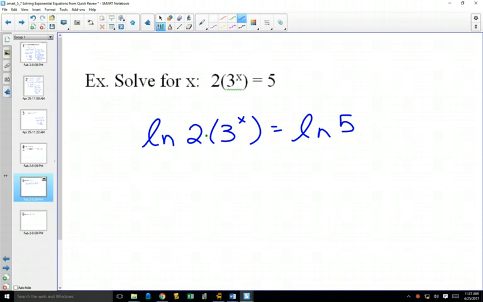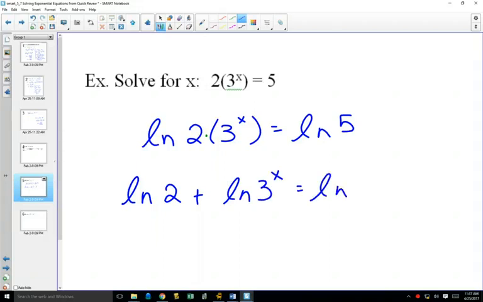And right now, that exponent of x is only to the 3. It's not also to the 2. So we would start by saying, well, then this is equal to natural log of 2 plus natural log of 3 to the x, because we're multiplying, equals natural log of 5. And now that x can come out in front.